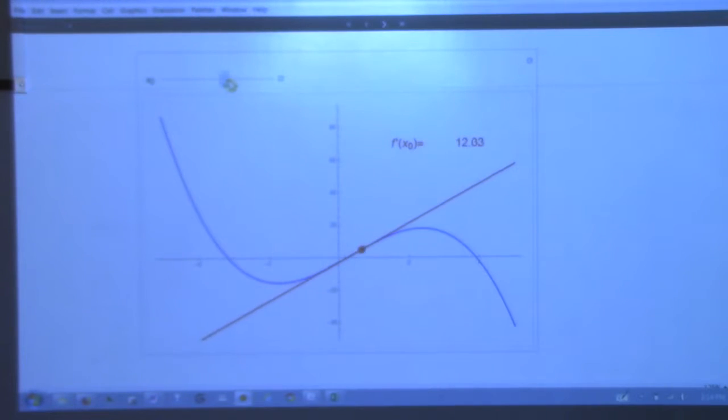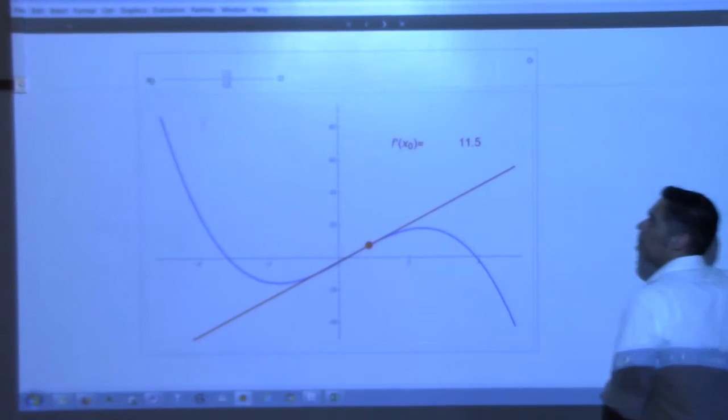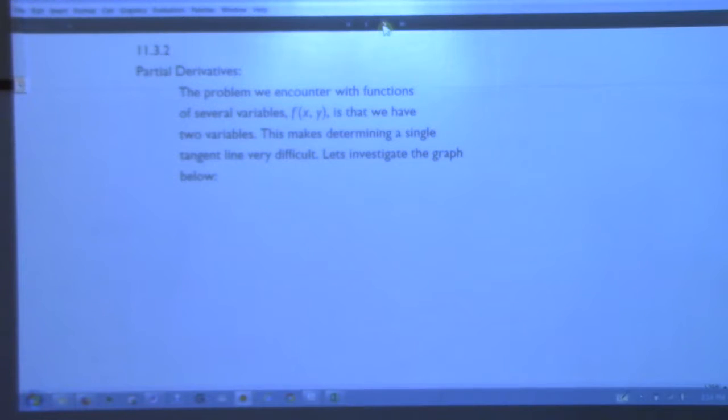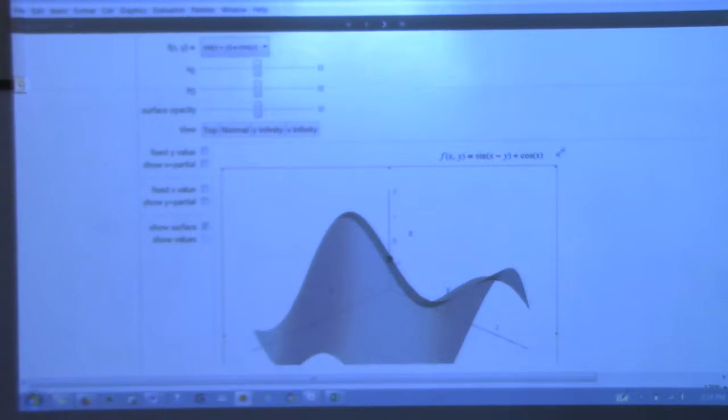The derivative was the slope of it, which was the pitch of the line. The problem we encounter with functions of several variables is that we have two variables. This makes determining a single tangent line very difficult. So let's see how this goes.